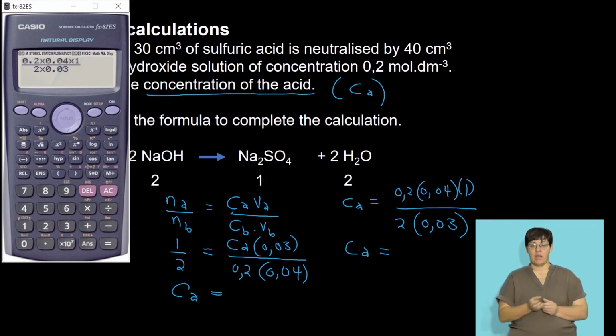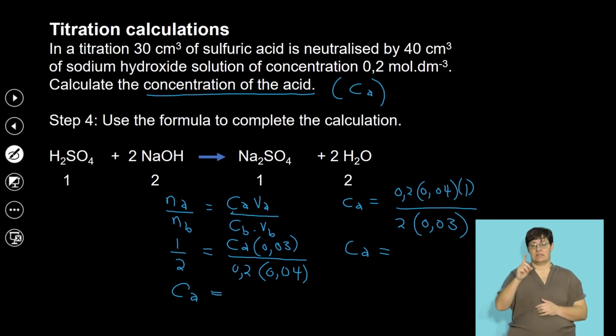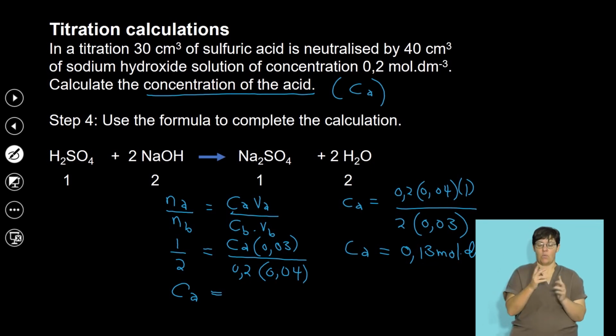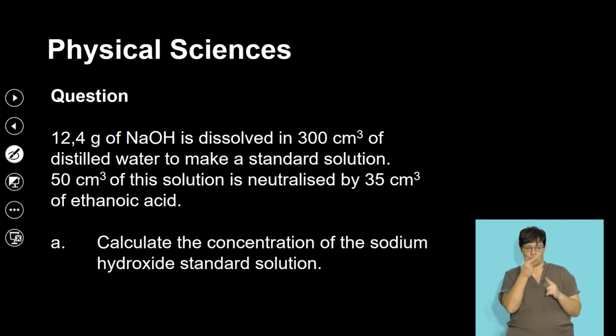What does that give us? It gives us the unknown concentration of the acid, which is 0.13 moles per cubic decimeter, okay? 0.13 mole per cubic decimeter. So that's exactly how we determine the unknown concentration, right?